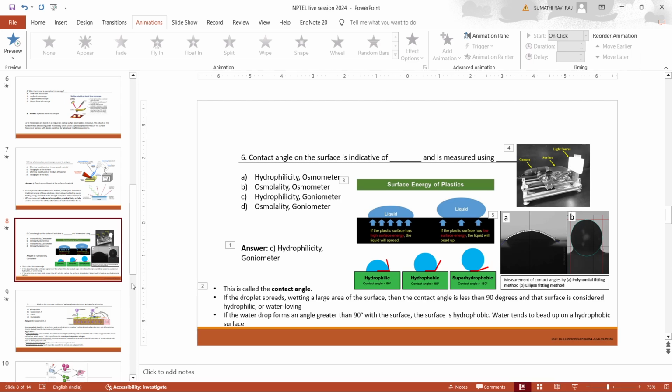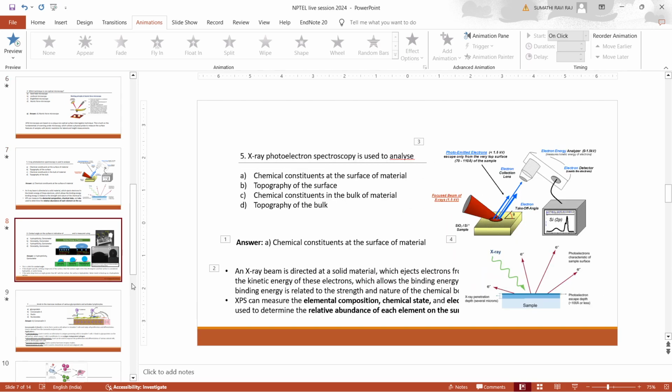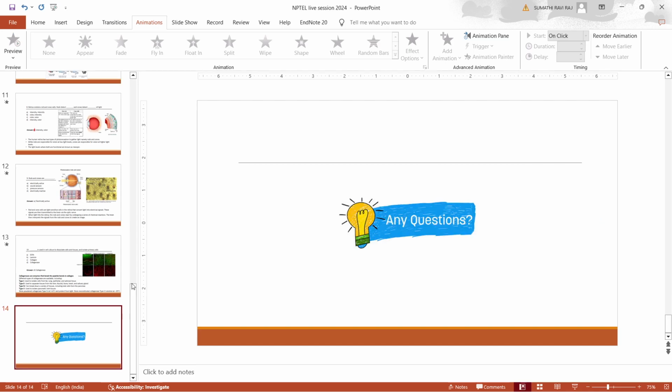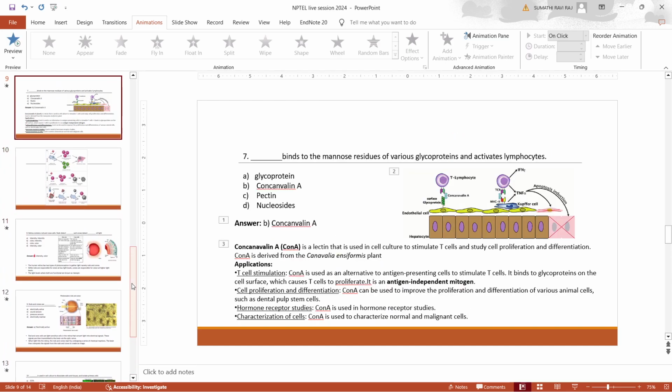If not now, I can clarify it in the next session as well. I can also do some research if I don't know about it, or you can put it up on the portal. We can look it up and give you the correct answer. So lectin is a carbohydrate binding protein. Concanavalin A is a type of lectin.